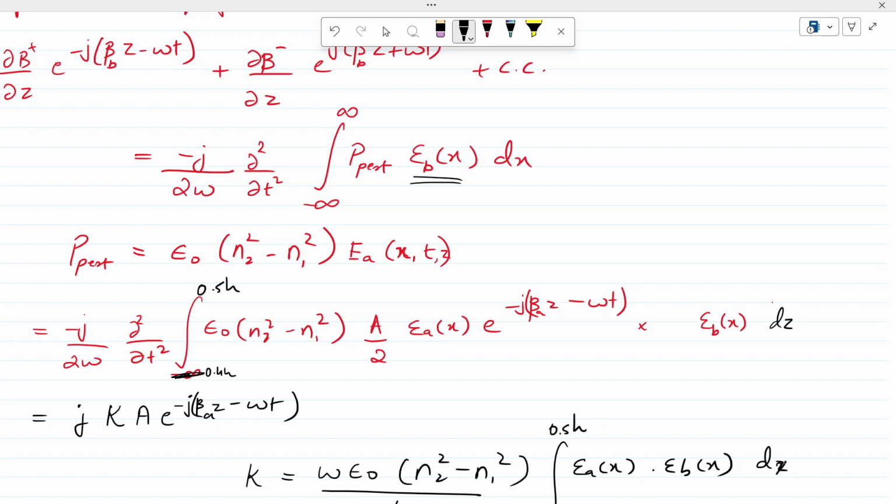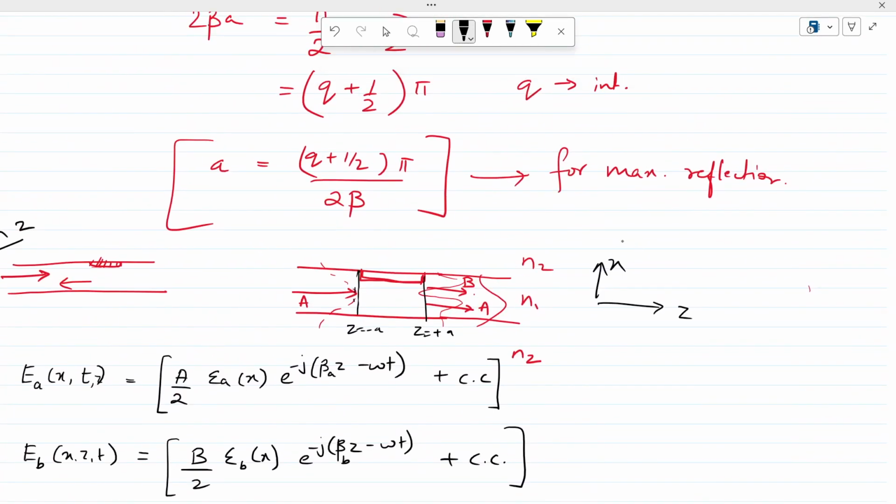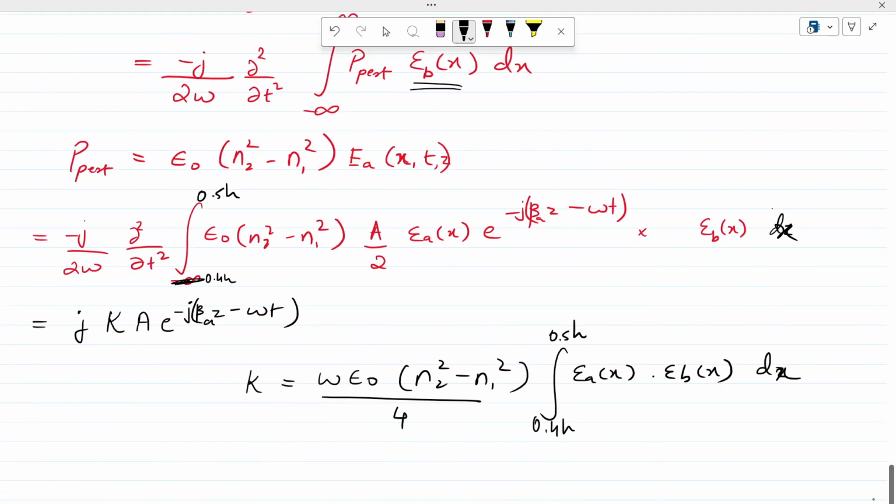Sorry, dx, I got confused. 0.4 and 0.5 h are along the x direction. So this is the region for the perturbation, and that is my coupling coefficient, and my RHS looks like this by putting in for the coupling coefficient.